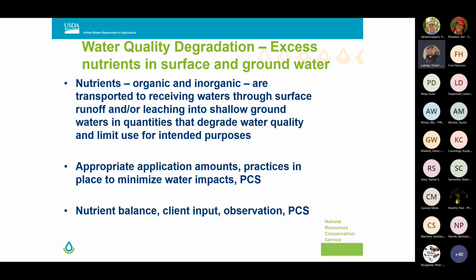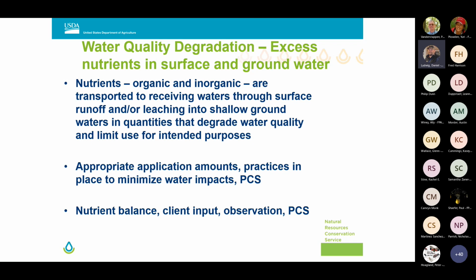Water quality degradation, excess nutrients in surface and groundwater. We've got an issue with nutrients, whether from animal concentration areas or inadequate manure storage. So what can we do, what systems can we implement to treat that? If we're seeing excess nutrients in surface water, we're having some sort of runoff.